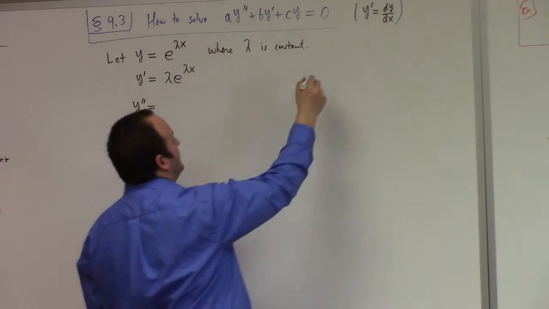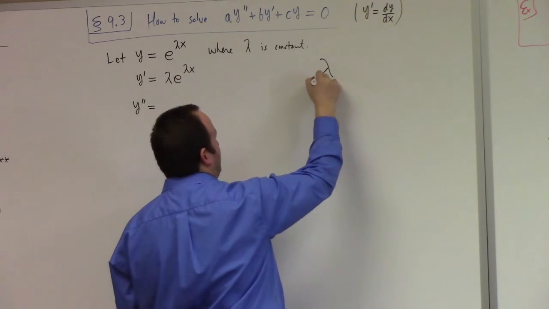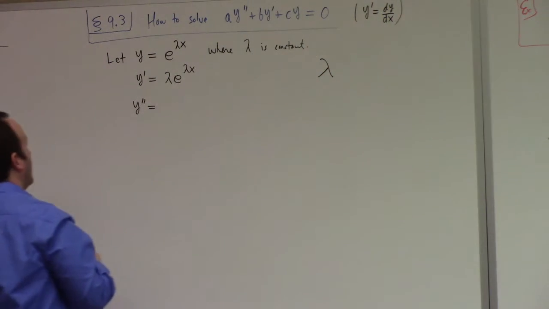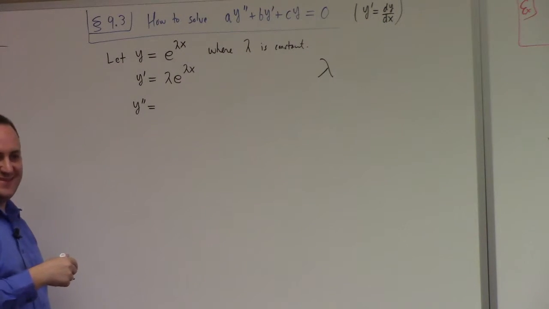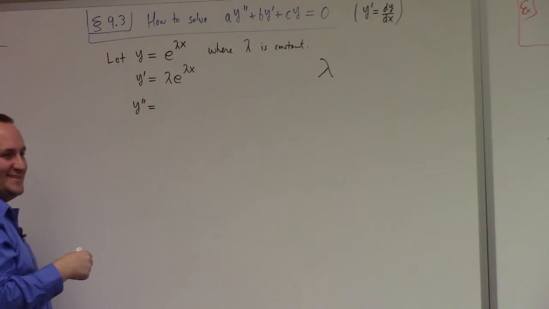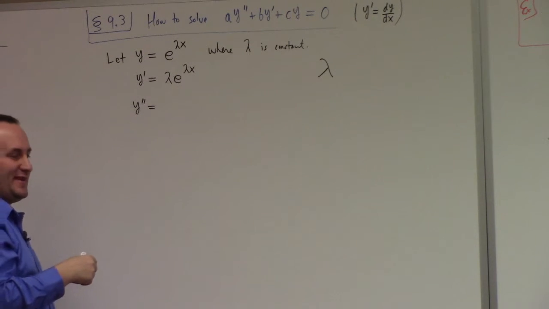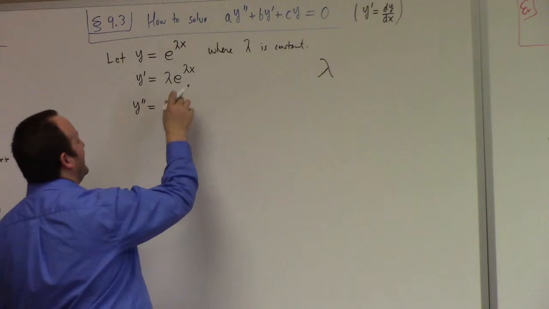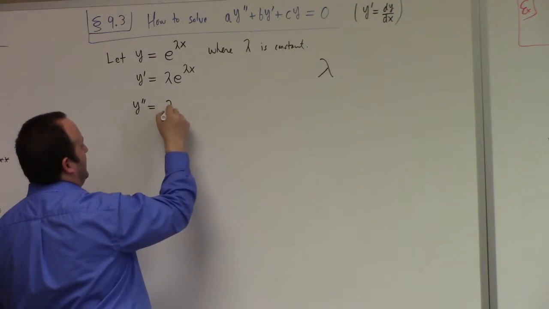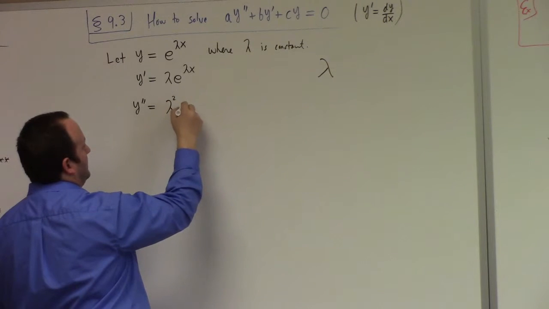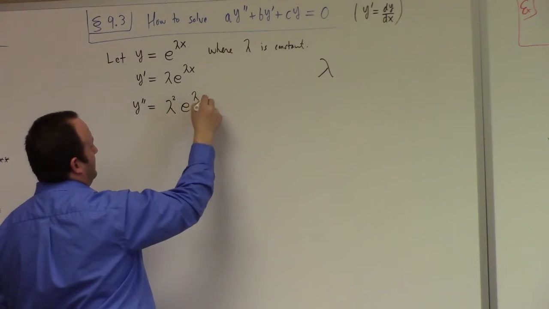By the way, guys, don't be like me. Write your lambdas correctly. Do you guys see the difference? By the time I noticed, it was already ingrained. I write my lambdas backwards. Sorry about that. So this is lambda squared e to the lambda x.